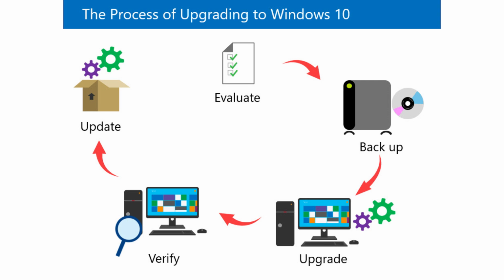Verify: when the upgrade is complete, sign into your computer and verify that all applications and hardware devices function correctly. Update: finally, determine whether there are any relevant updates to the new Windows operating system and apply them to your computer. It's essential to keep the operating system up to date to protect against security threats.